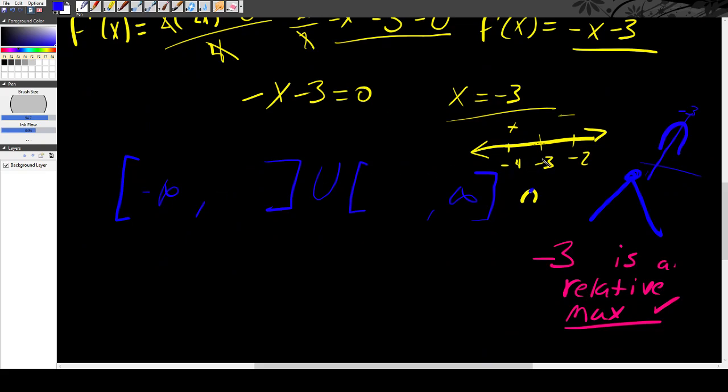So we know our graph is angled down. And we know the side on which the derivative is negative is to the right of negative 3. That means the right of negative 3 has to have a negative slope, a negative derivative. So that's going to be that.